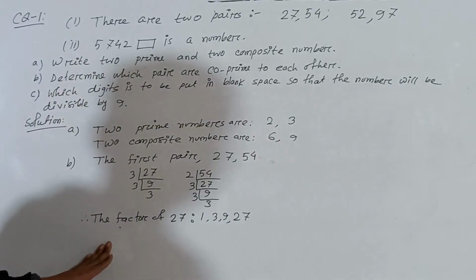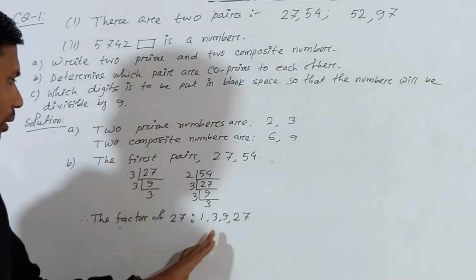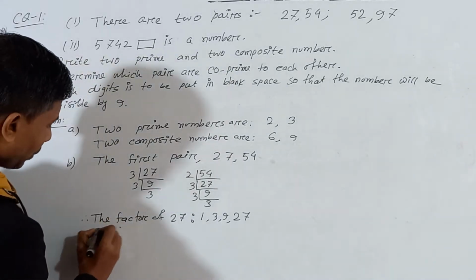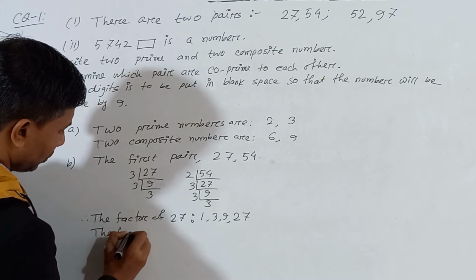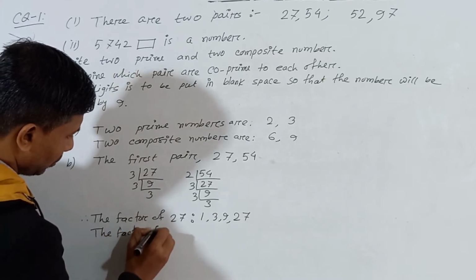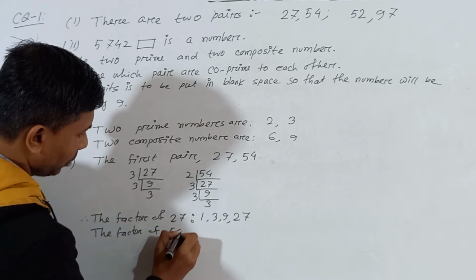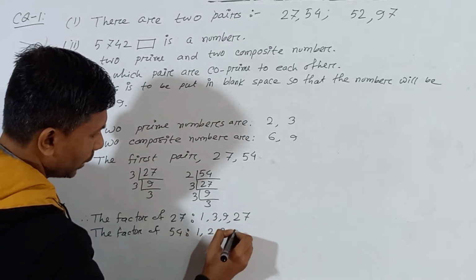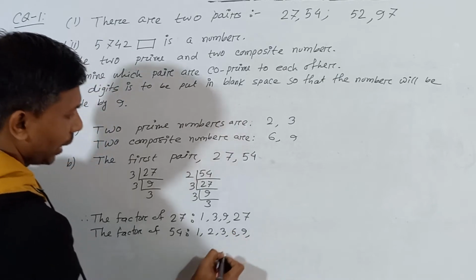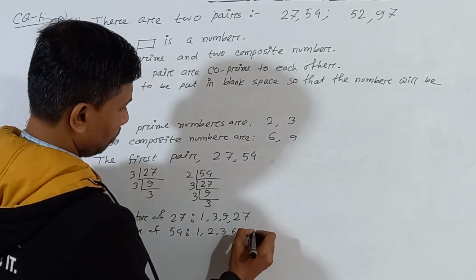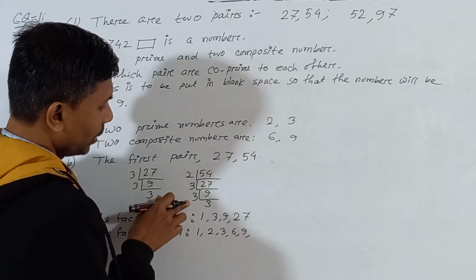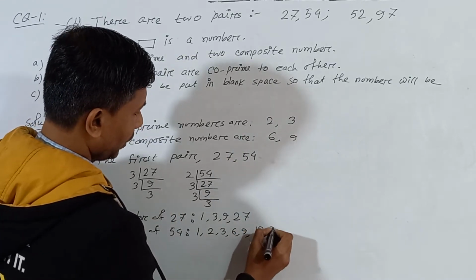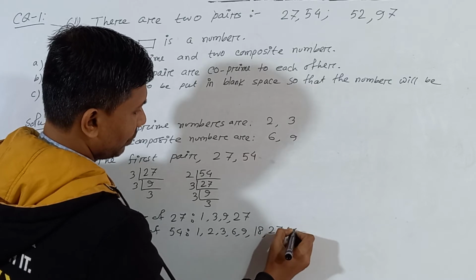Look student, the factors of 27 are 1, 3, 9 and 27, and the factors of 54 are 1, 2, 3, 6, 9, 3 3s are 9, 9 twos are 18, 18 also, then 27, then 54.